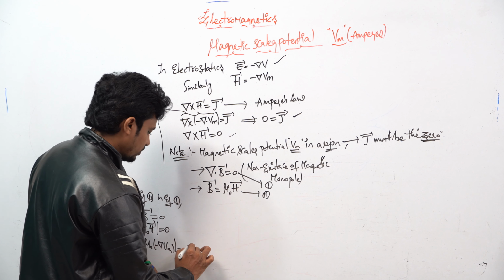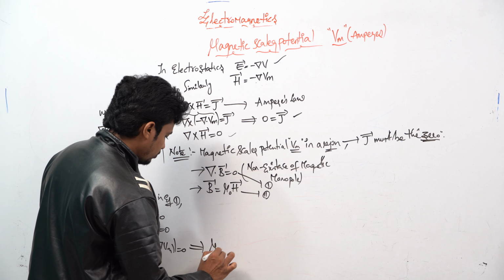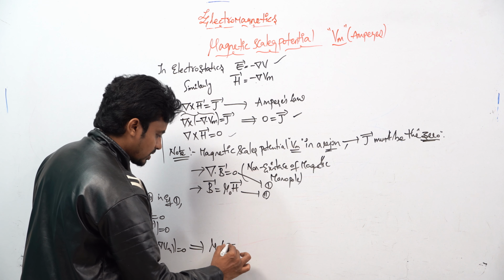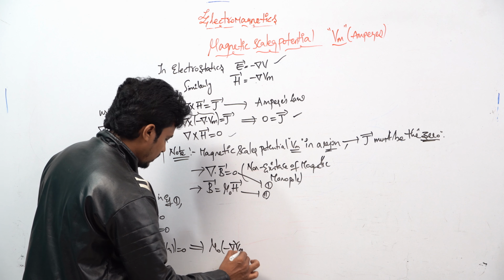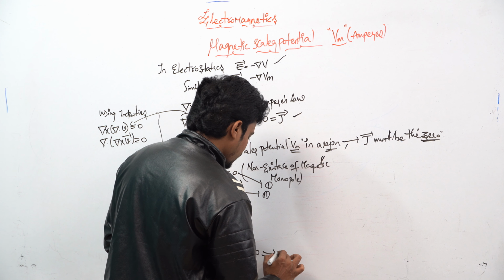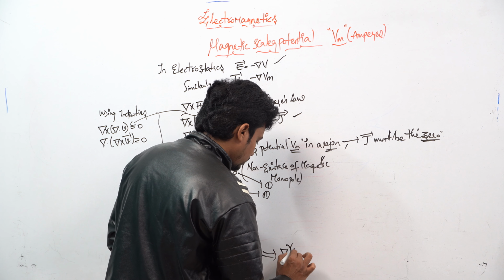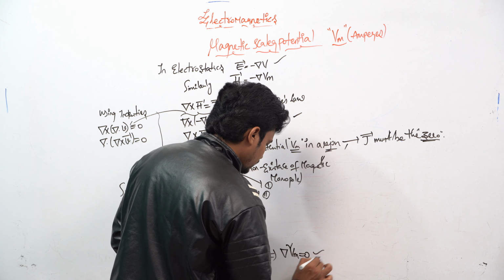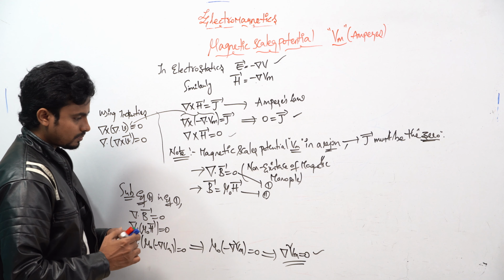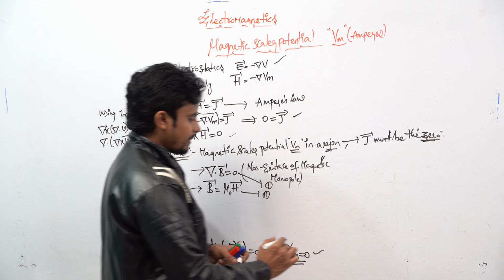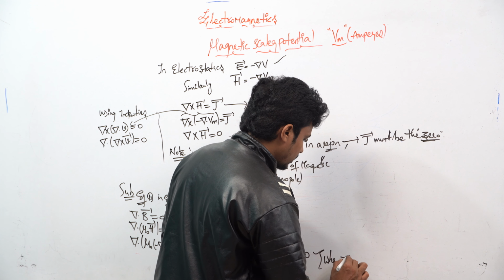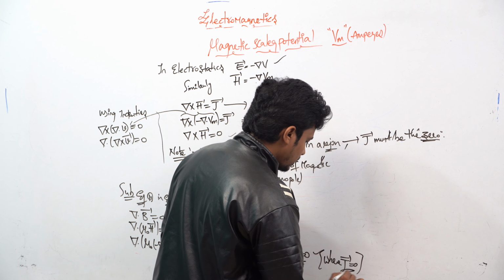So here you have to put the constants outside. This is mu naught of minus del into del, that becomes del square, so minus del square Vm will be equal to 0. So here this becomes del square Vm equal to 0. Del square Vm equals 0. So here, J bar will be equal to 0, right?